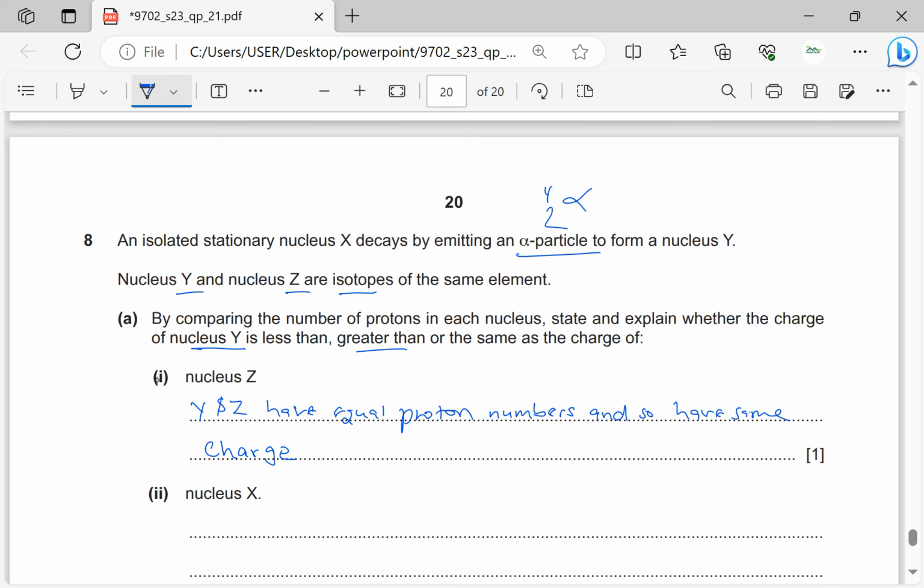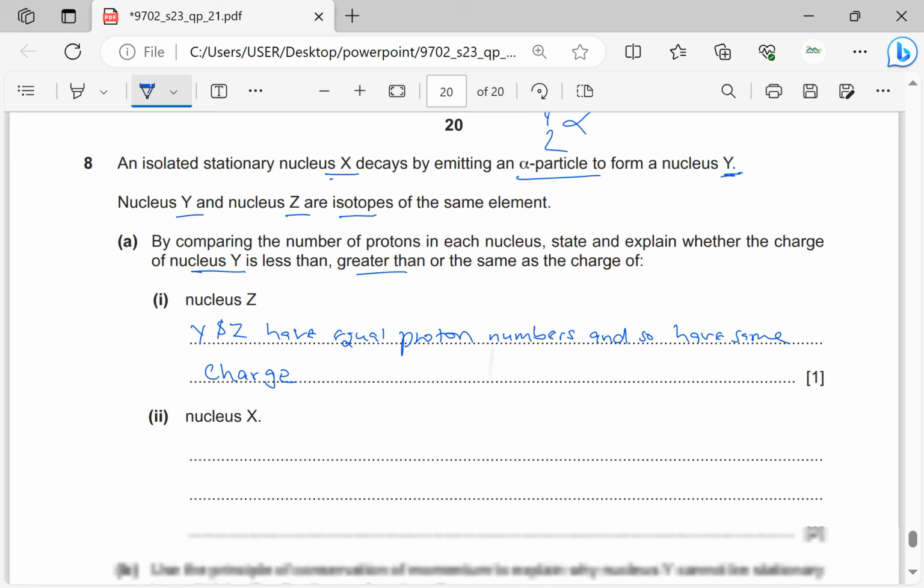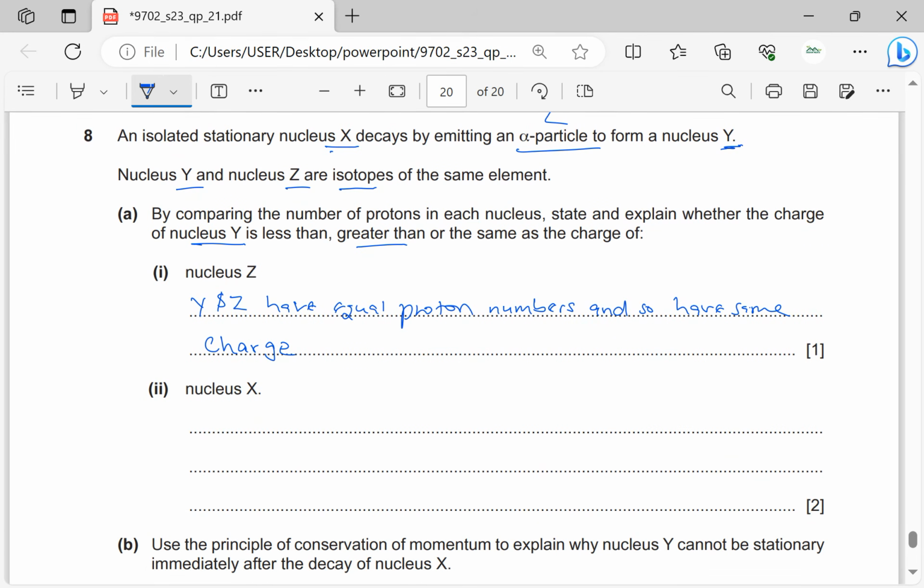An isolated nucleus X decays by emitting an alpha particle to give nucleus Y. So it has lost 2 protons. If we have X giving us Y plus an alpha particle which is 4, 2, and X is A, Z, then Y is going to be A and Z minus 2.